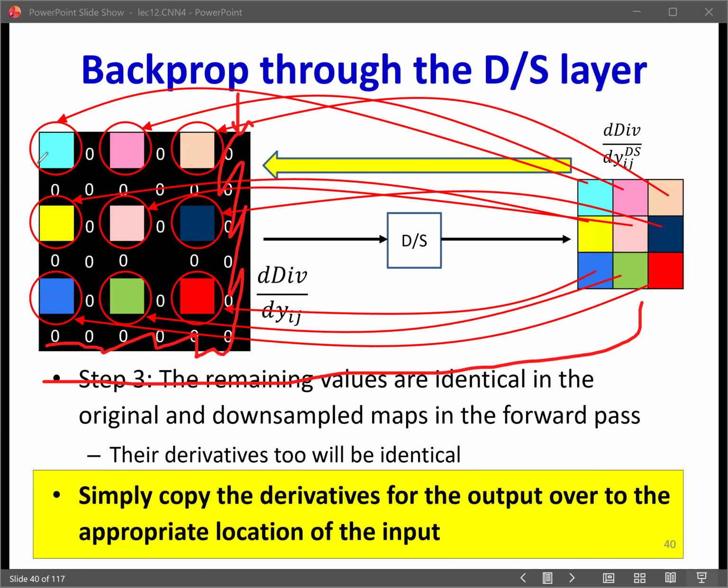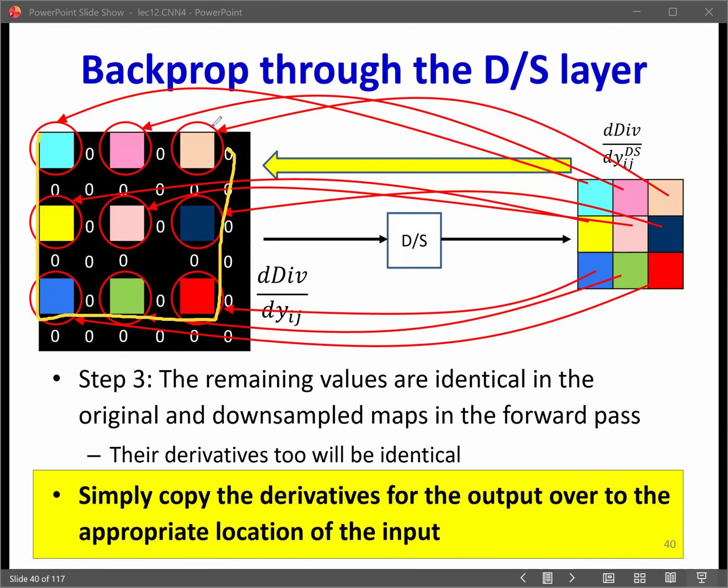Because whether I downsample this one or this larger one, the output is going to be exactly the same. Let me clear this picture. So if I downsampled this smaller one, the output is going to be exactly the same as if I downsampled this larger one, right?